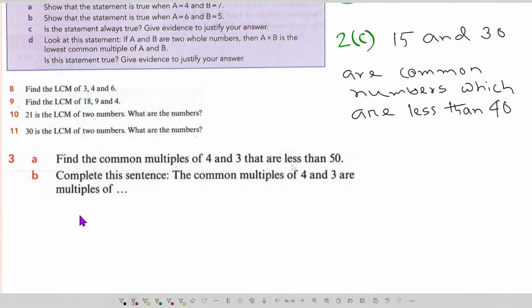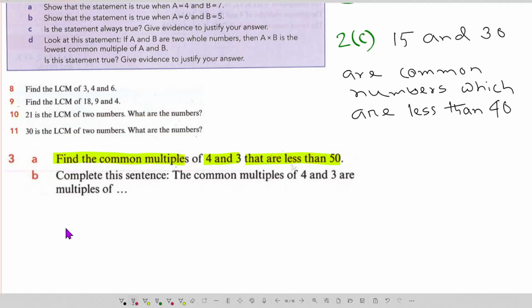Number 3A, find the common multiples of 4 and 3 that are less than 50. So first we have to find out the multiples of 4 which are less than 50.